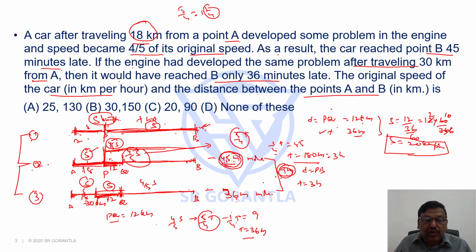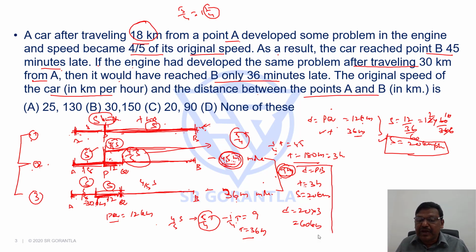But to travel P to B at original speed, it takes 3 hours. But what is the original speed? We already got 20 kilometers per hour. You know the speed and you know the time, so the distance is 20 into 3, 60 kilometers. But what is the distance? The distance is PB. So PB is 60 kilometers.